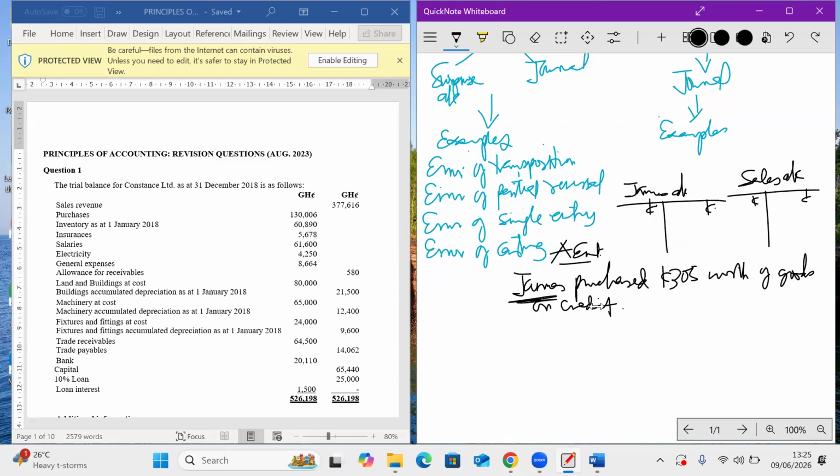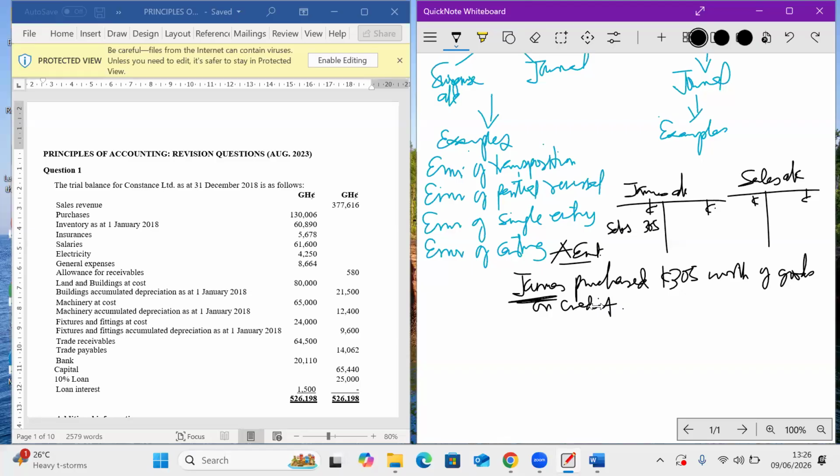You debit his account, because James' account is receiving. So we write 305 here. There are two accounts, James and sales. So where is this 305 coming from? It's coming from the other account, sales. Do we get it?